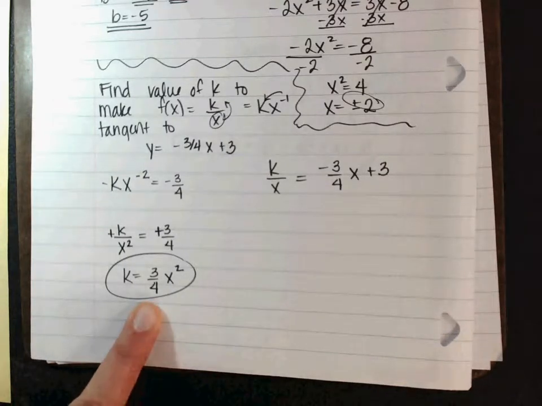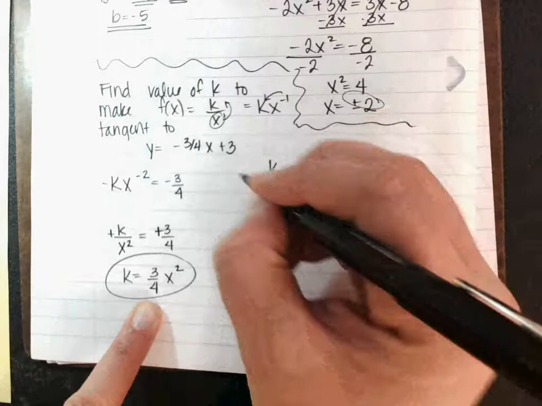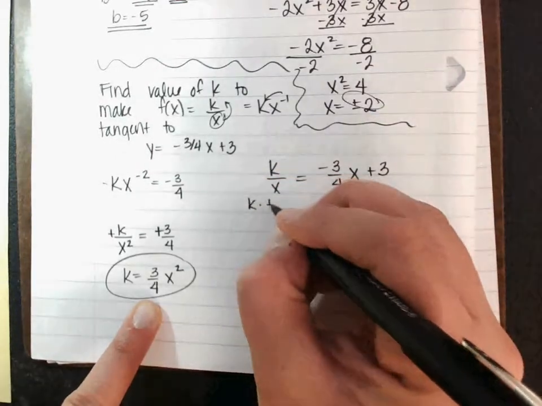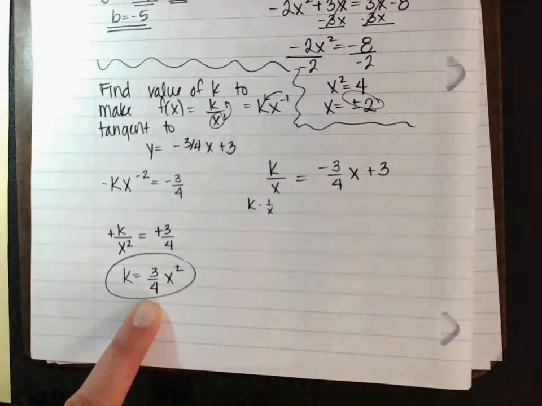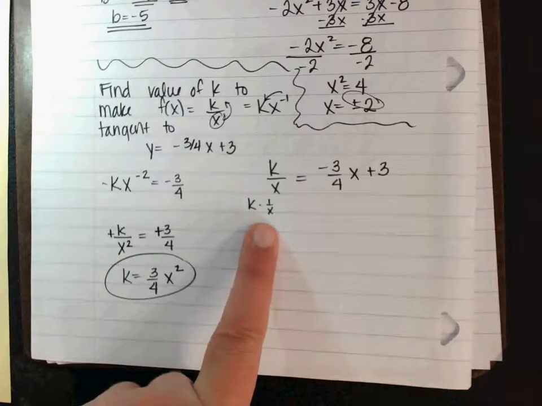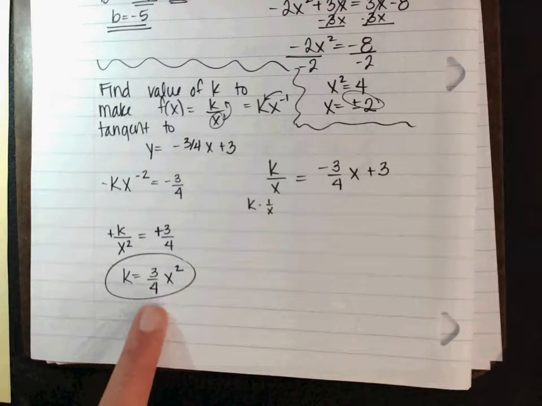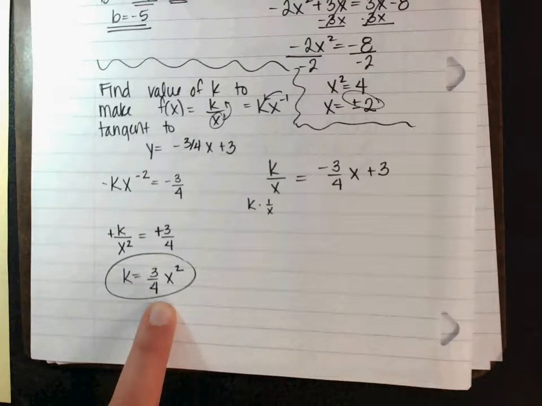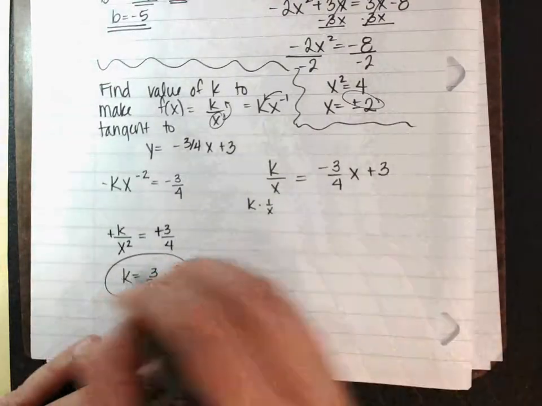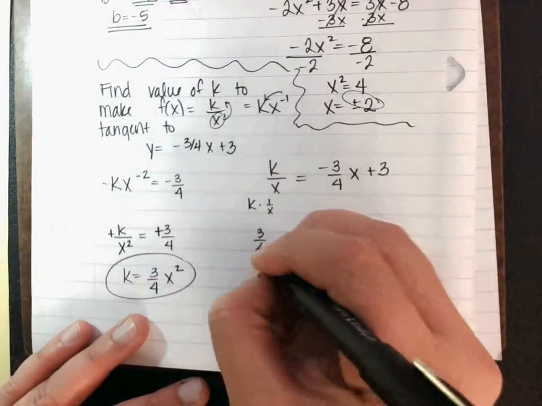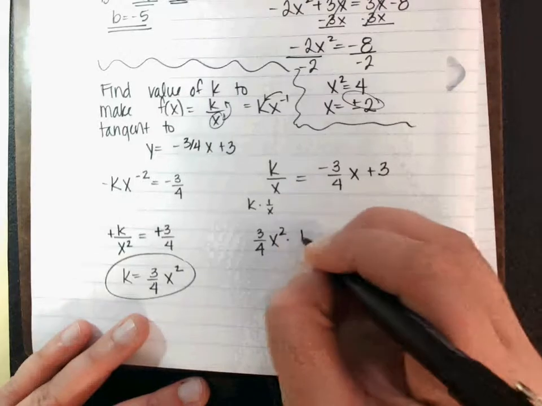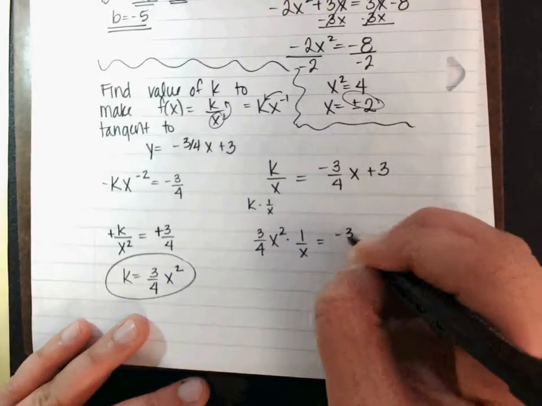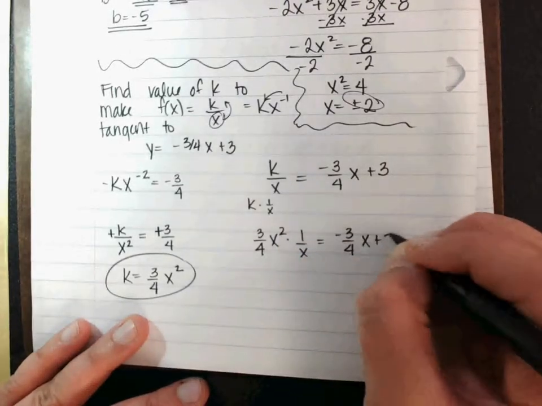Now, remember, this is the same as k times 1 over x. So when I substitute, I'm going to write it like that so that I can see them. Since k is a fraction, that way I'll have both of them as a fraction. So it'll be k, which is 3/4 x squared, times 1 over x, equals negative 3/4 x plus 3.